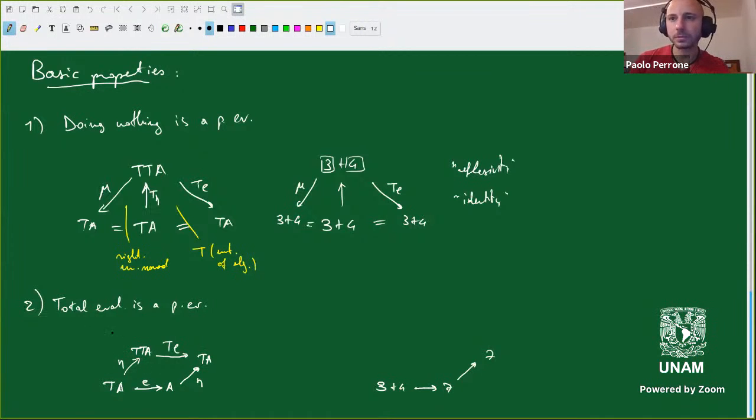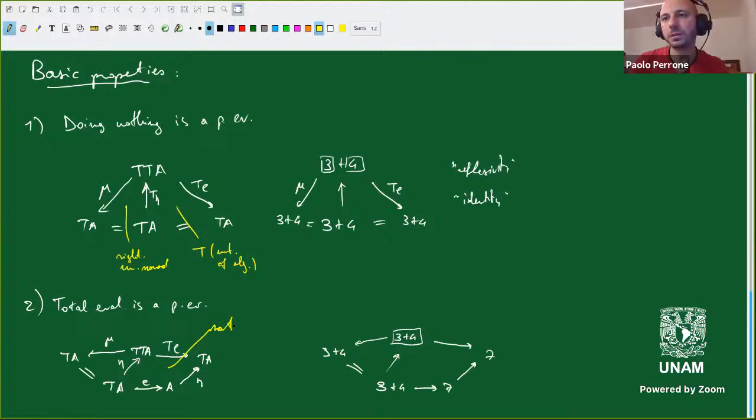Okay. But now, that would mean eta adds a big box here. And then evaluating the boxes, we get 7, okay? And now here we can apply mu, which removes the boxes. That's the same. Okay. So again, this is naturality of eta, and this is the other unitality, so that left unitality of the monad. Okay. So total evaluations are partial evaluations.